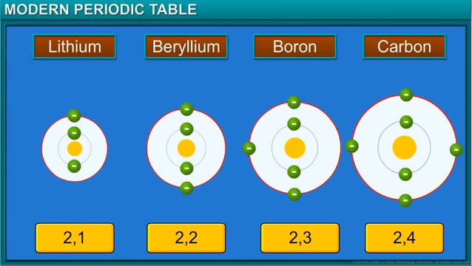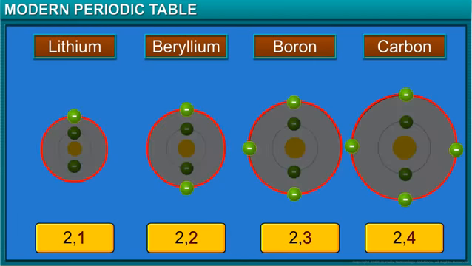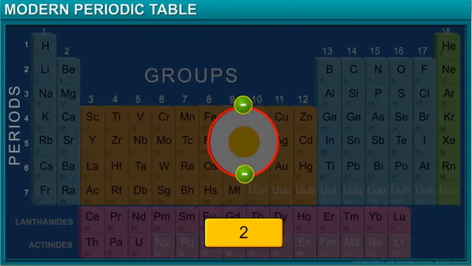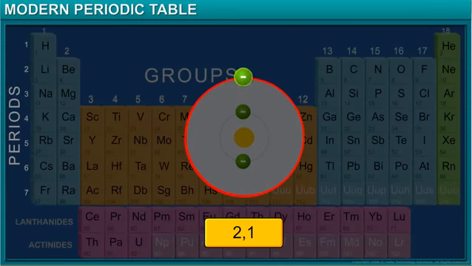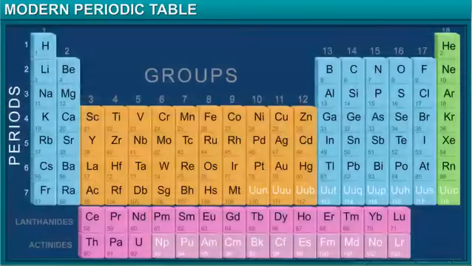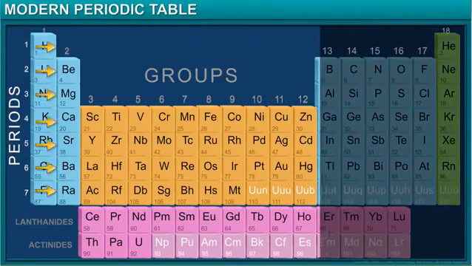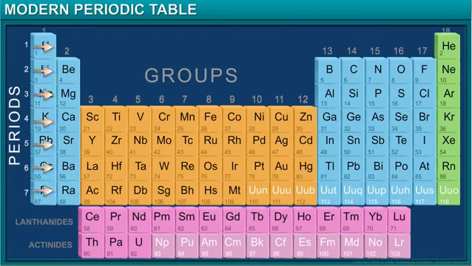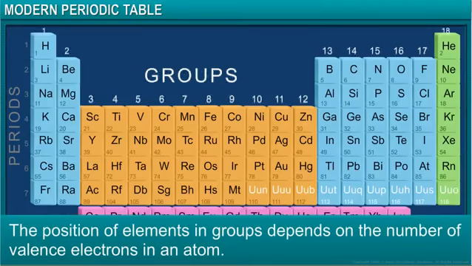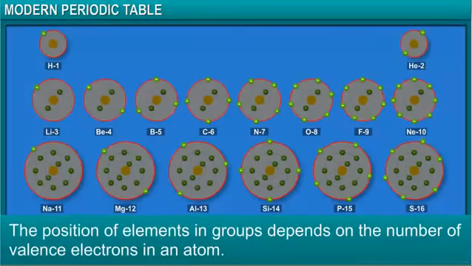We can see that these elements do not have the same number of valence electrons, but they have the same number of shells. The number of valence electrons increases by 1 unit as the atomic number increases by 1 unit on moving from left to right in a period. The position of elements in groups depends on the number of valence electrons in an atom.